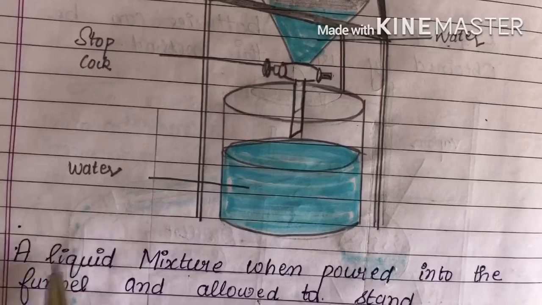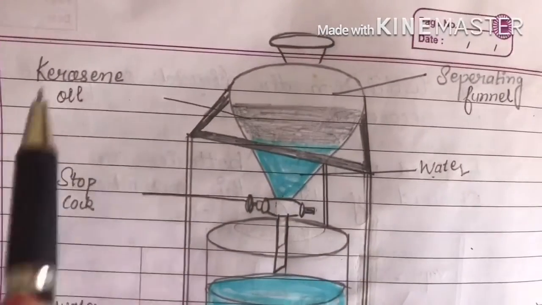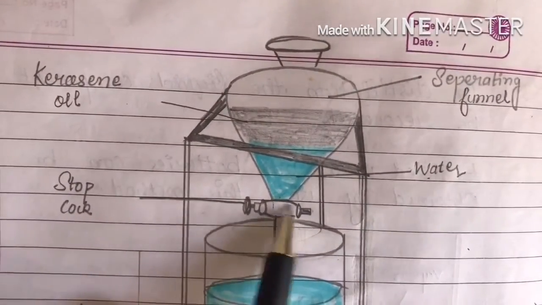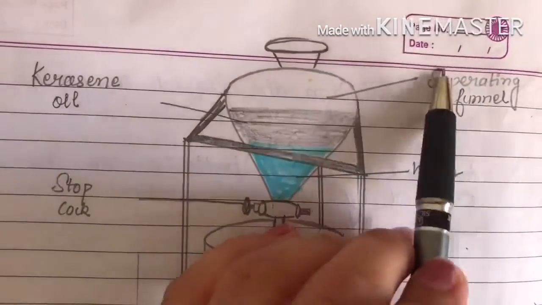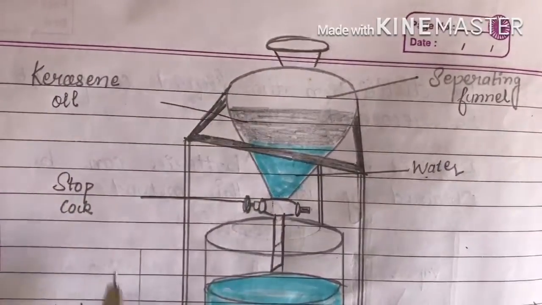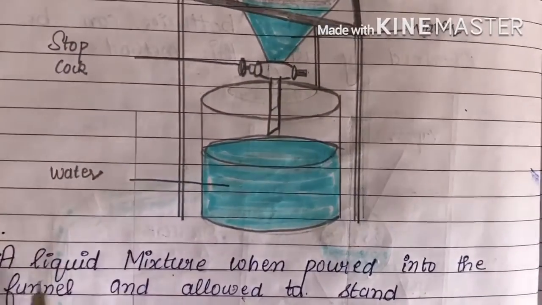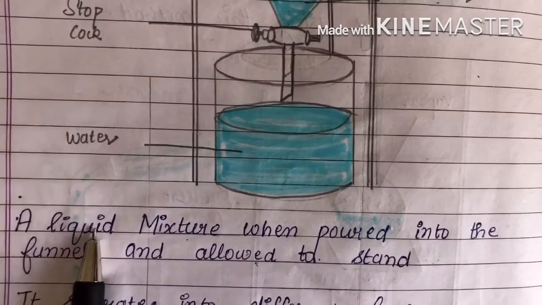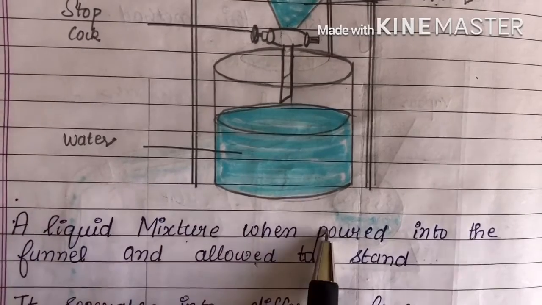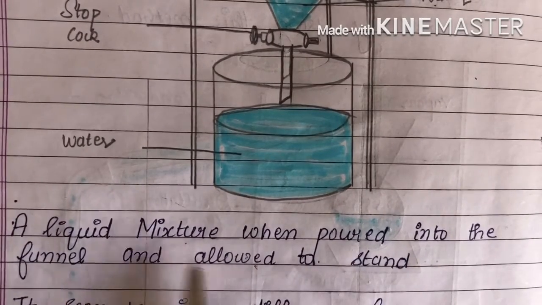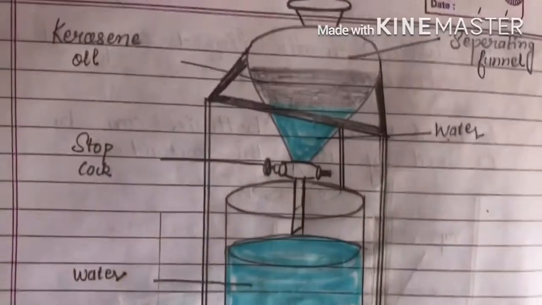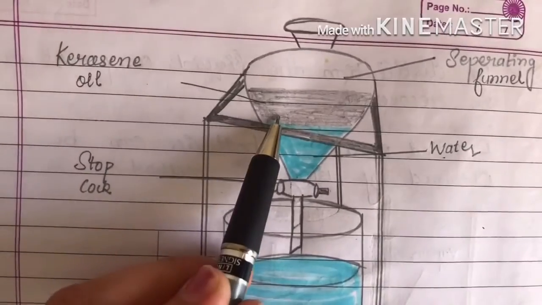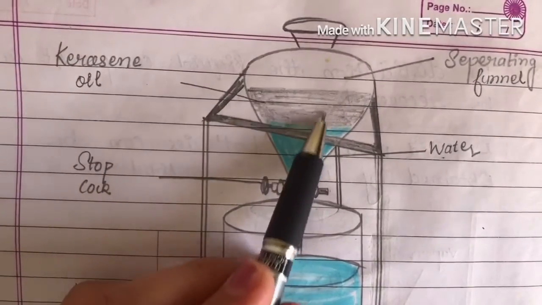Here, this is the stopcock at the end of the separating funnel. So in this, a liquid mixture is poured into the funnel and allowed to stand. We have to put the liquid mixture in this separating funnel.